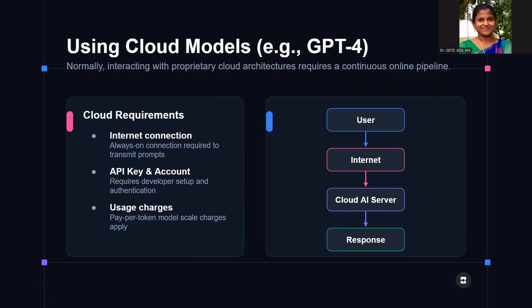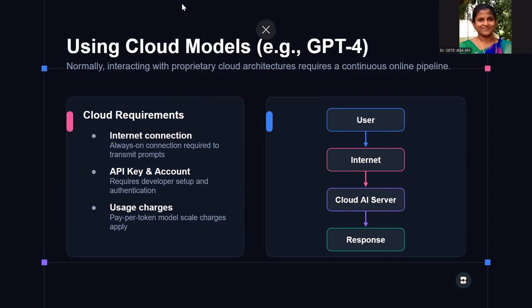So how does GPT-4 actually work, like ChatGPT, Gemini, and all such GPTs? There is a user, the user gives a prompt, the user has to be connected to the internet, and as soon as you give the prompt, it connects to the cloud model and it generates the response.